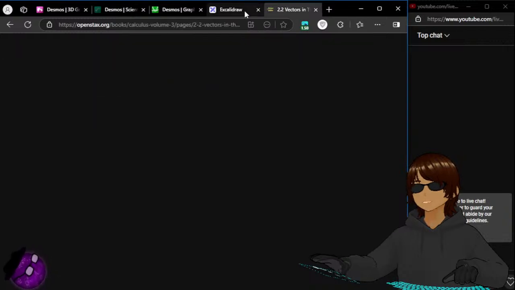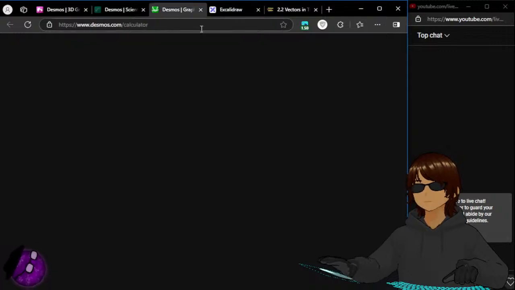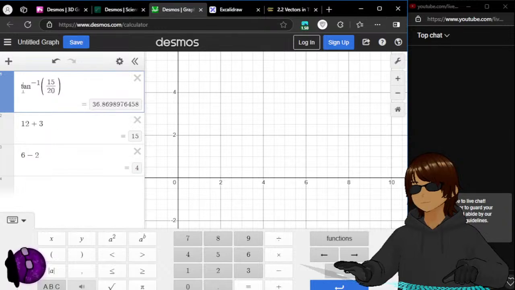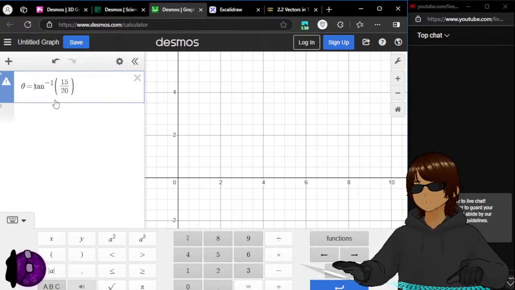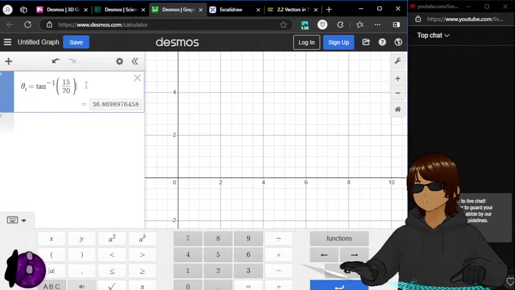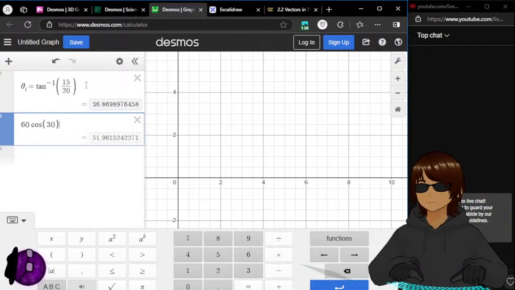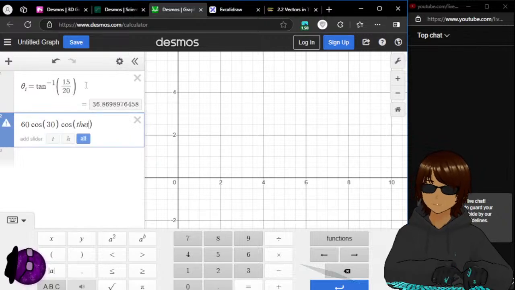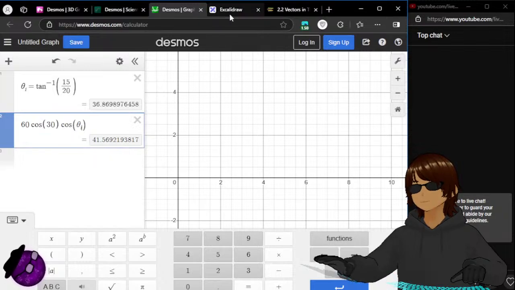So then the initial velocity v is, let's do this, 60 cos 30 cos theta, which is 41.57.